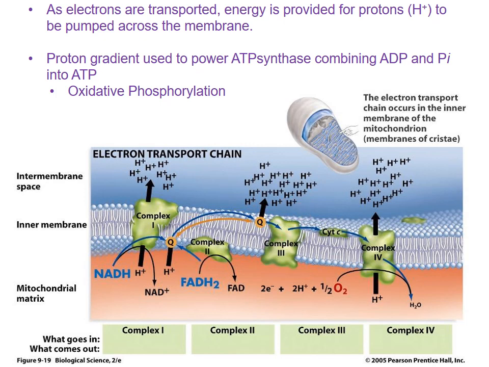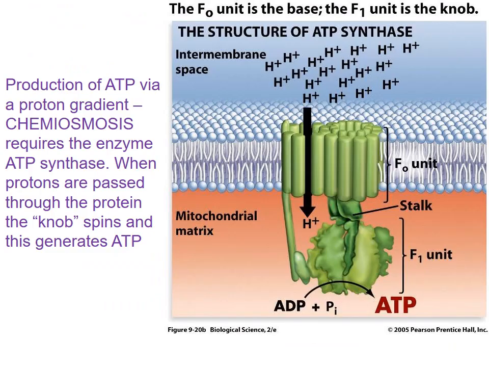And this proton gradient is used to power a very important enzyme known as ATP synthase, where ADP and inorganic phosphate are combined through the process of oxidative phosphorylation. Remember, oxidative is important because oxygen is the final electron acceptor to produce ATPs. So the production of ATP through this process is via this proton gradient.